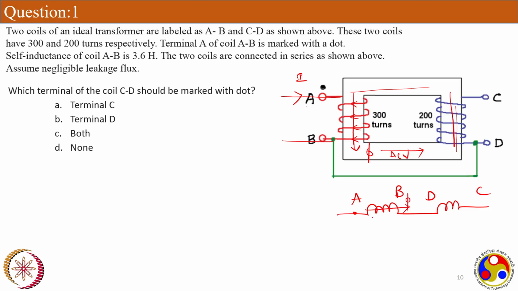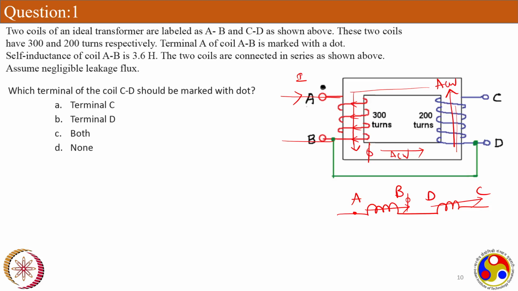Now these are series connected coils, and in series connected coils the flux always aids each other. If this is series and this one is also series, it goes in this direction only. So this particular series connection makes all the difference here. So the flux in the CD coil is also an anti-clockwise flux, because both coils are in series connection. I hope you understood this anti-clockwise concept.